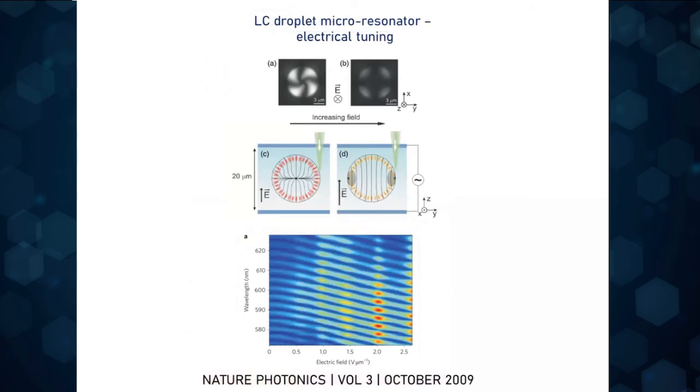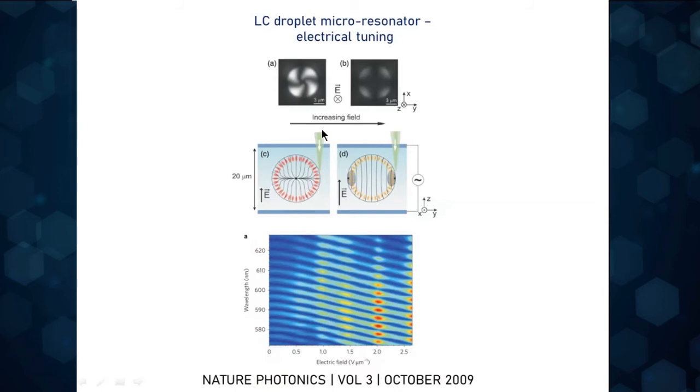Now, in terms of practical applications, liquid crystal droplets have turned out to be very interesting. So for example, shown here is a liquid crystal droplet of roughly 3 microns in radius. If you look at the liquid crystal droplet in a cross-polarized microscope, you will observe that it has some very interesting molecular assembly, which gives rise to this birefringent pattern.